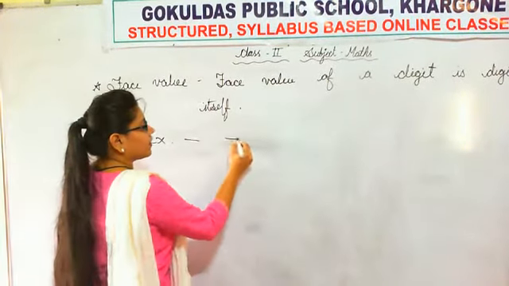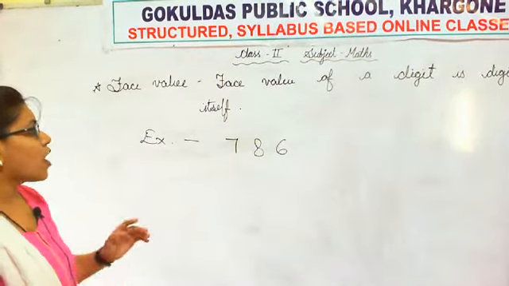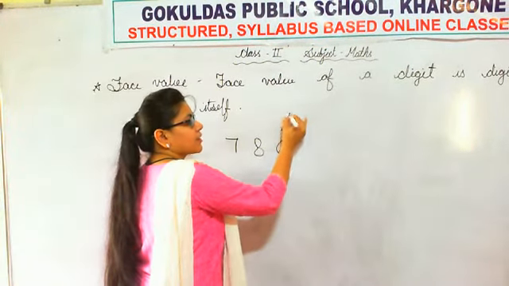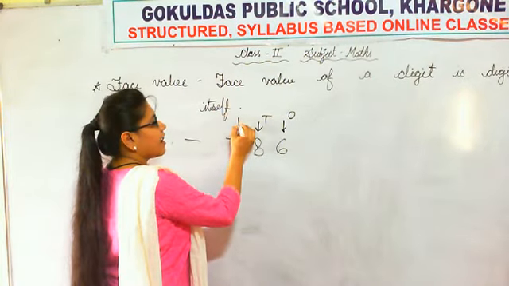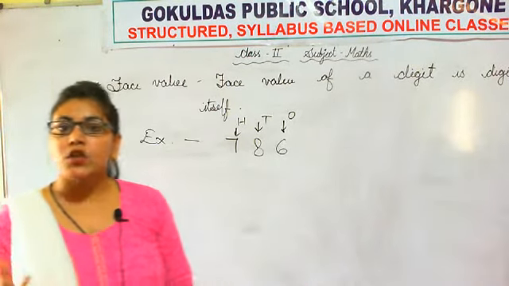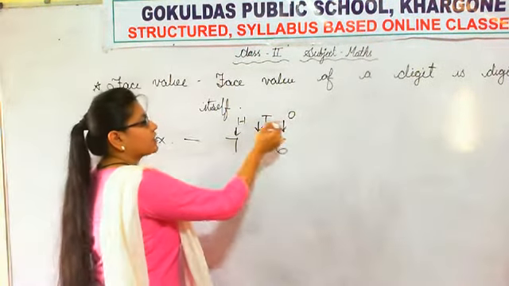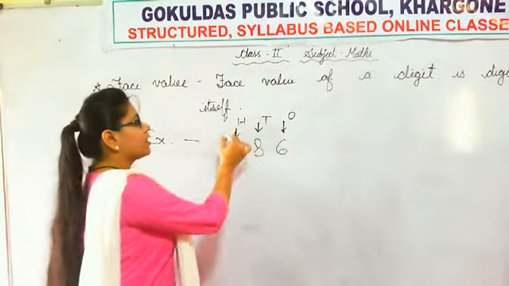Say the number is 786. Now which position is this? Very good. Ones, tens and hundreds. But as place value depends on the position, on ones, tens and hundreds, the face value is irrelevant to the position.